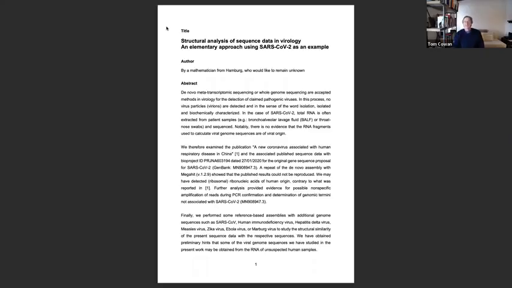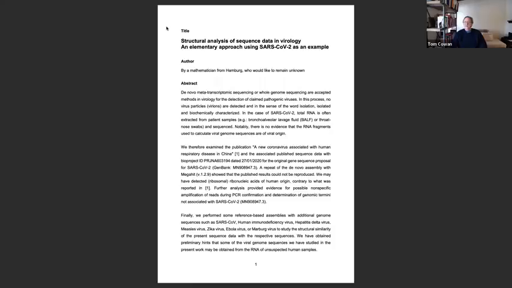And he says, de novo metatranscriptomic sequencing or whole genome sequencing are accepted methods in virology for the detection of claimed pathogenic viruses. In this process, no virus particles, which are called virions, are detected, and in the sense of the word isolation, isolated and biochemically characterized.